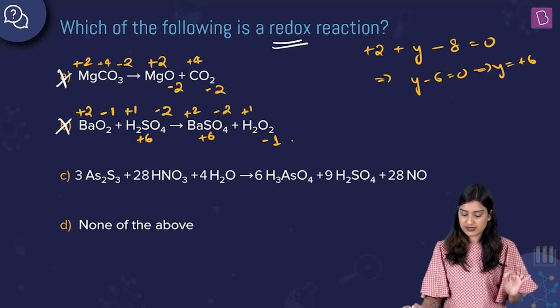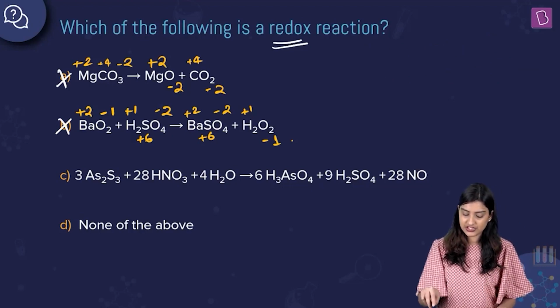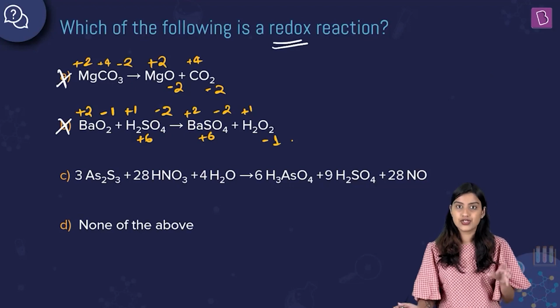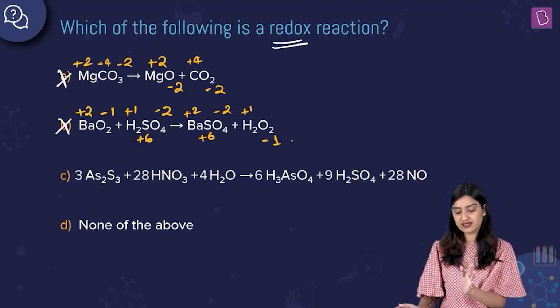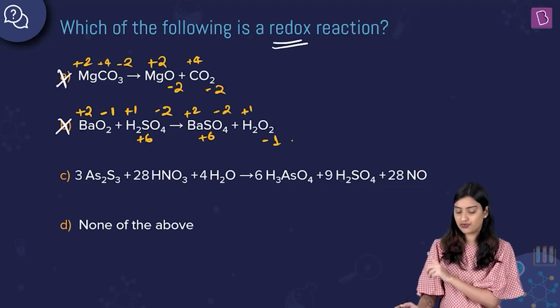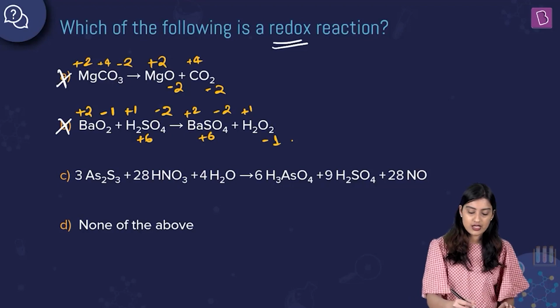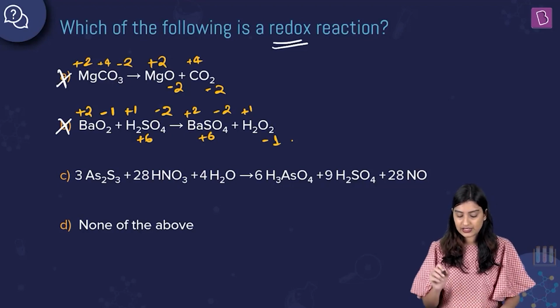Then you have option C. As2S3 plus HNO3 plus H2O is giving you H3AsO4 plus H2SO4 plus NO, right? So let's see. So here you have arsenic and you have sulfur.